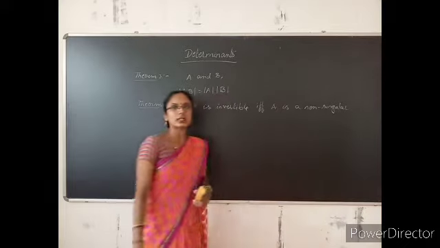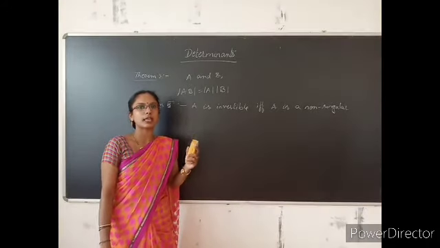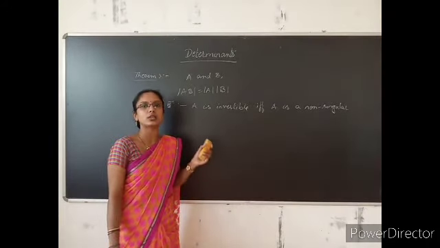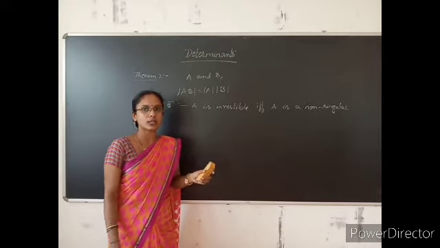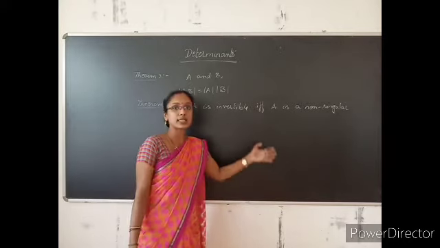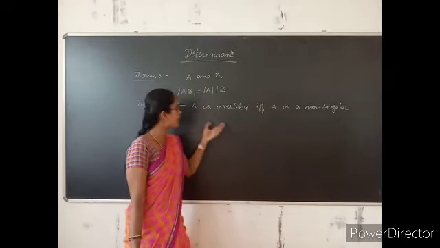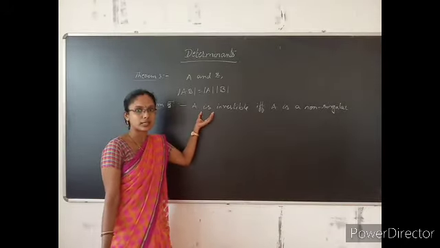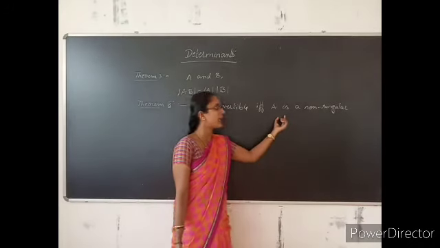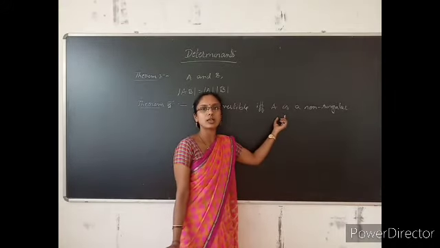What do you mean by non-singular? If determinant A is not equal to 0, then only the matrix is a non-singular matrix. So the necessary and sufficient condition for A to have an inverse is that A is a non-singular matrix.